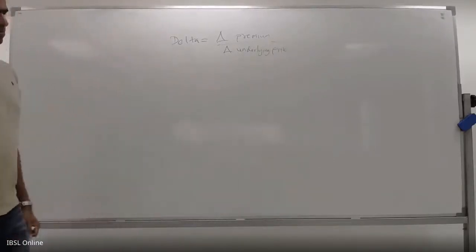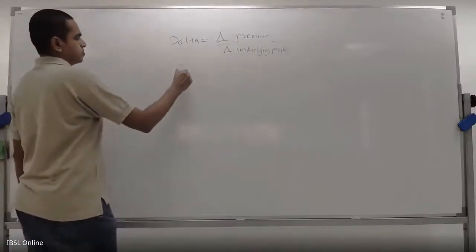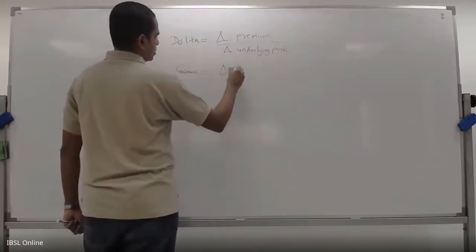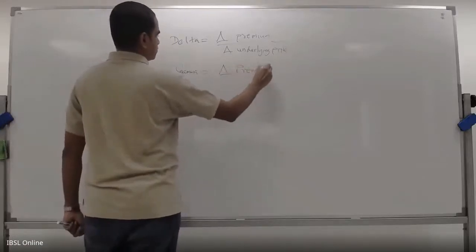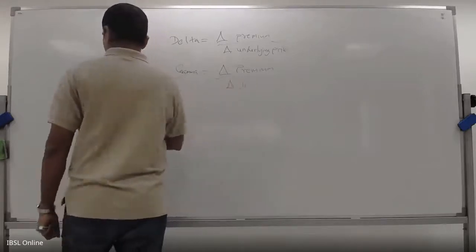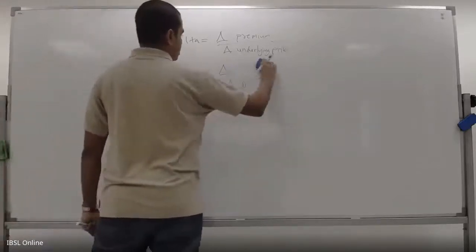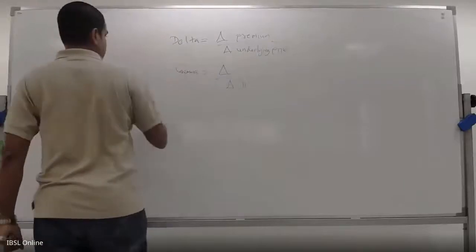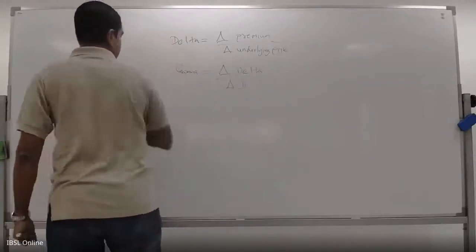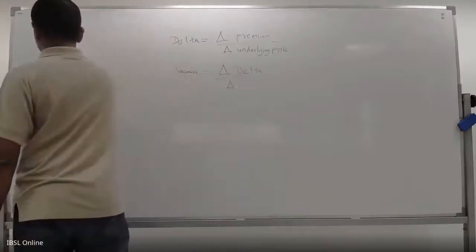Then you have gamma, which is change in delta divided by the change in the underlying price.